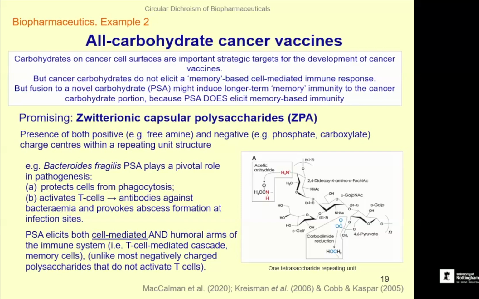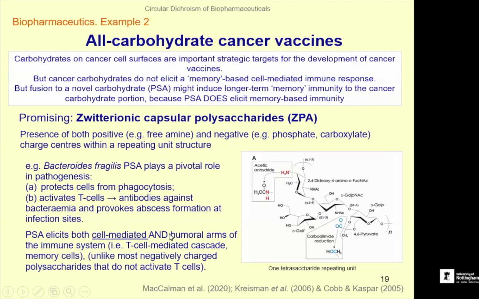We don't need to go into what it actually does in vivo now, but PSA is a zwitterionic polysaccharide that can be used to fuse to a carbohydrate from a tumour to elicit a long-term T-cell mediated immunological response.